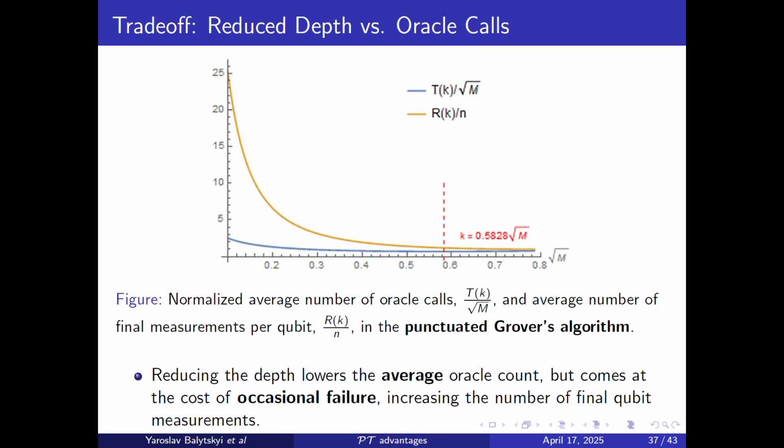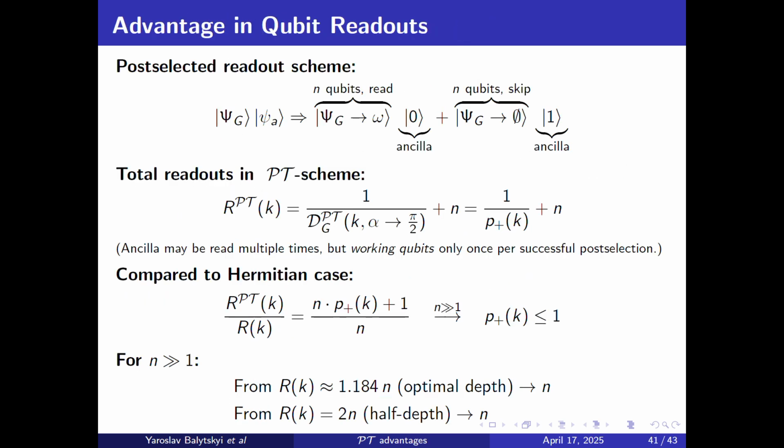and as a result, total readouts in the PT-symmetric scheme is just this. So you need to read a single ancilla, possibly several times, because decisiveness may be less than one, and you are reading all working qubits only once, only when the ancilla post-selection is successful.